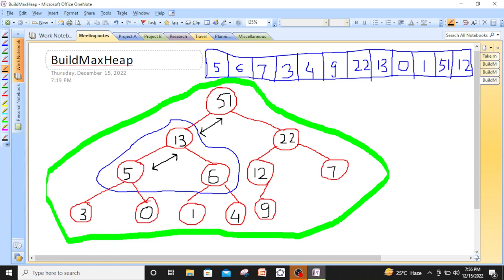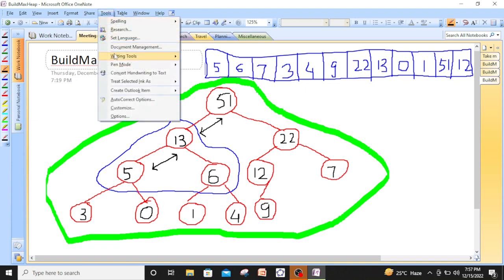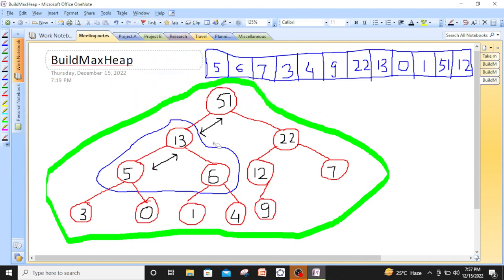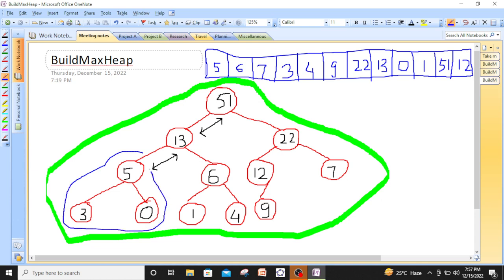So I enclose 5, 3, 0, and inside this you notice that there is no need to work because the largest value is the nodal value.